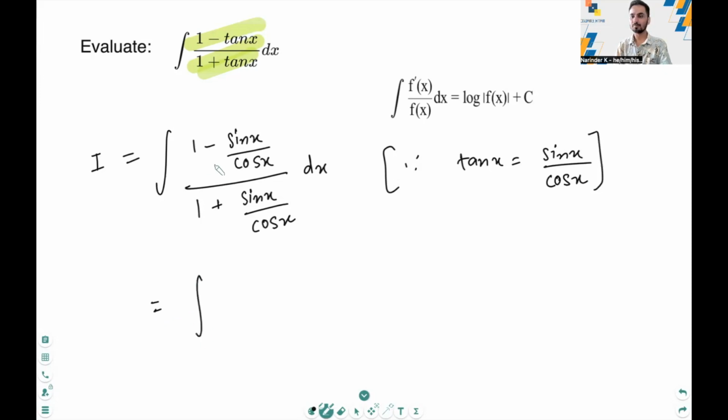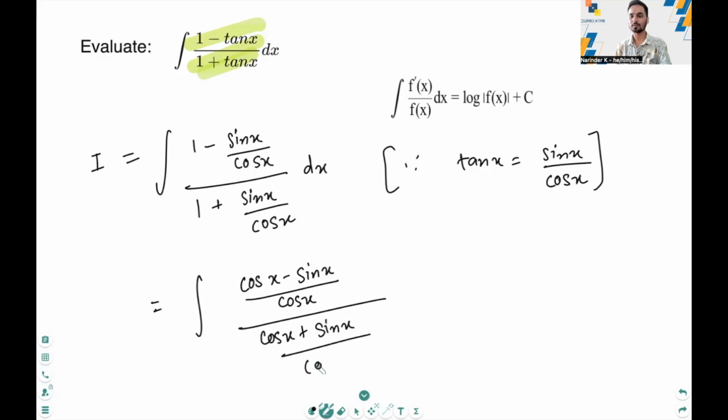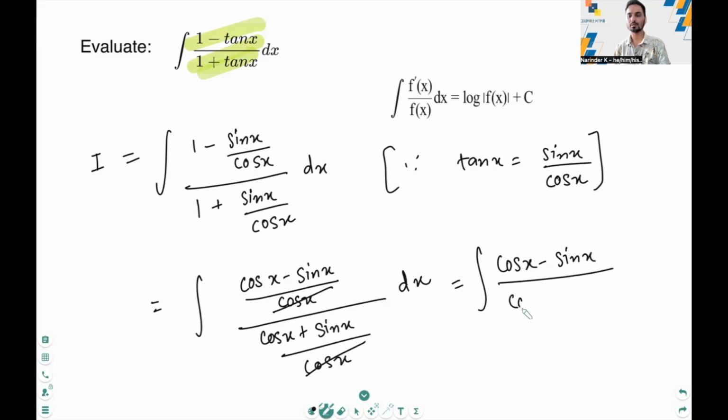Simplifying further, we get (cos x minus sin x) divided by cos x, divided by (cos x plus sin x) divided by cos x, dx. By taking the LCM in the numerator and the denominator, we can cancel out cos x. So we are left with (cos x minus sin x) divided by (cos x plus sin x) dx.